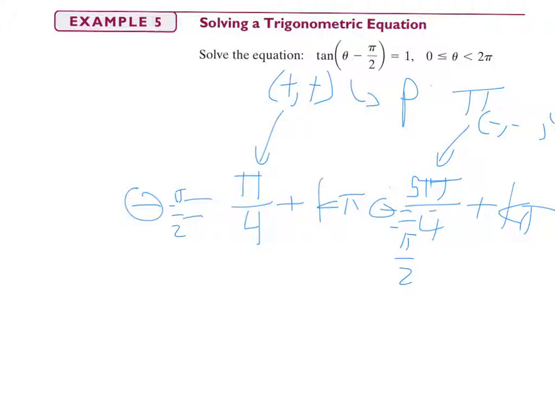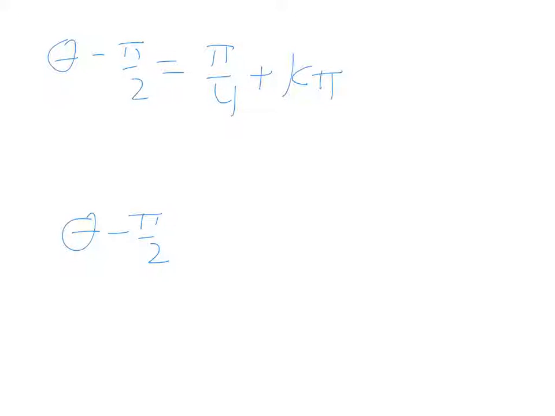So if we want to rewrite these, we would have theta minus pi over 2 is equal to pi over 4 plus k pi. And also, theta minus pi over 2 is equal to 5 pi over 4 plus k pi.